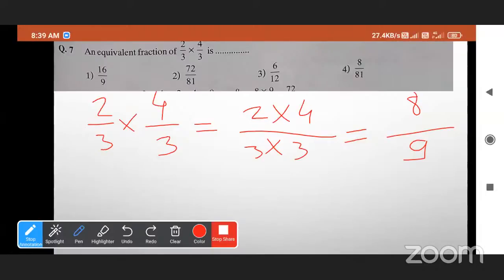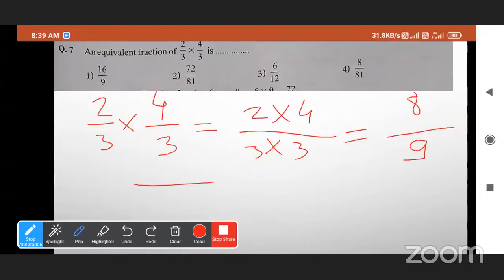First one is right or wrong? 16 upon 9. It is wrong. Now we will check the second one, 72 upon 81. Second one is correct. How?